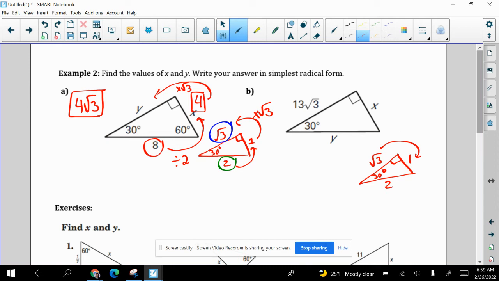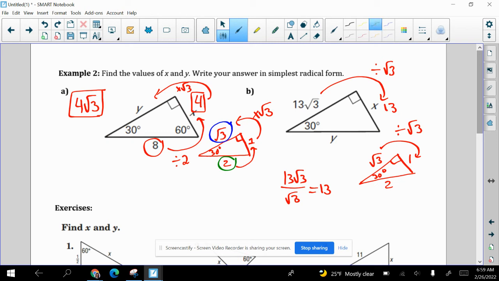To make something shorter, you're going to divide, because my root 3 is bigger than 1, so it's going to make the number smaller. So I'm going to divide by root 3. So if you take 13 root 3 and then you divide by root 3, you end up with just 13.